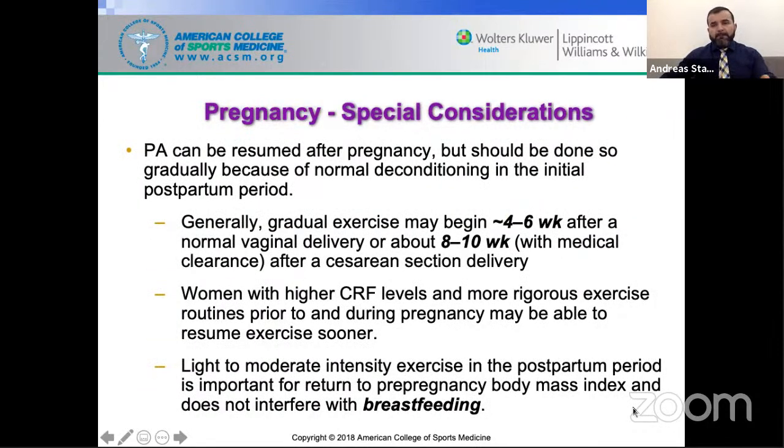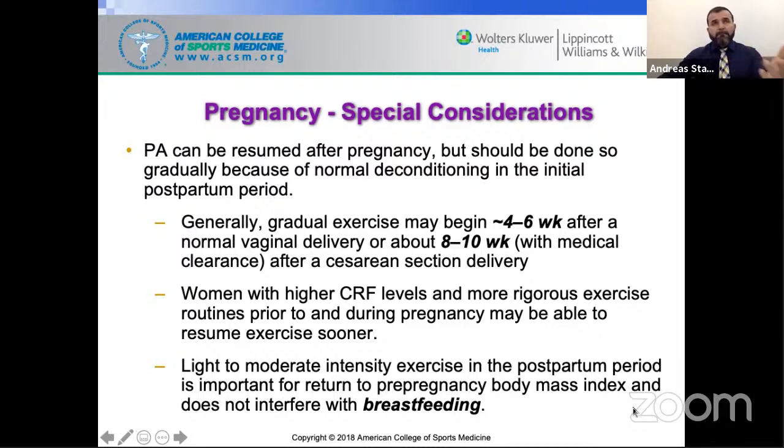So, postpartum now. The baby was delivered. What are we doing next? Well, here, if we have a vaginal delivery, you see 4 to 6 weeks, and you can start 8 to 10 weeks if it's a cesarean section delivery. So it really depends. But soon enough, they can go back to it, and the doctor has to clear them, right?